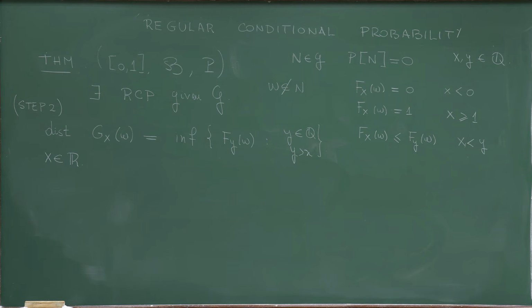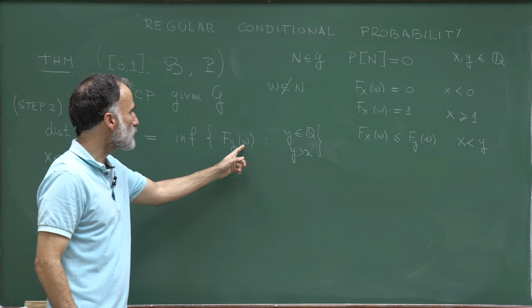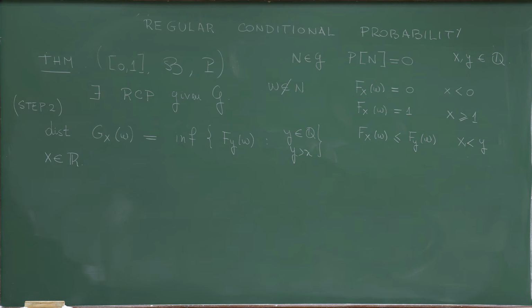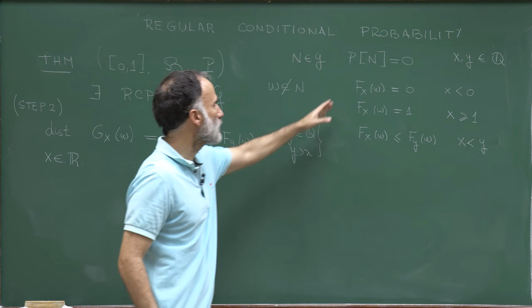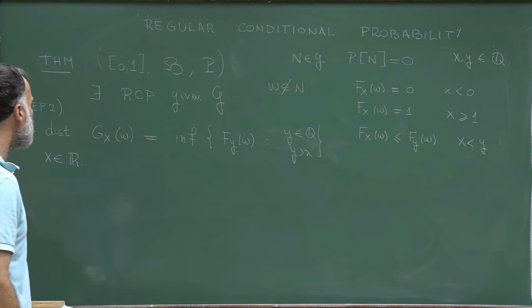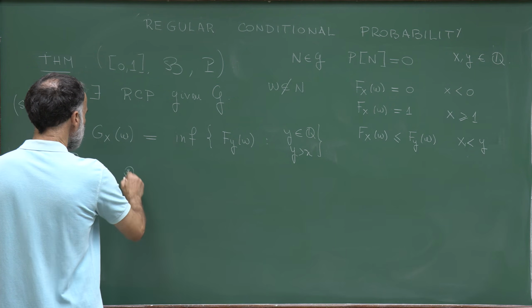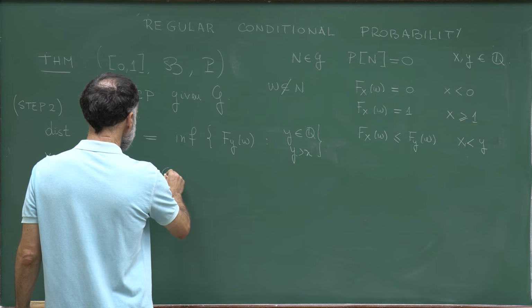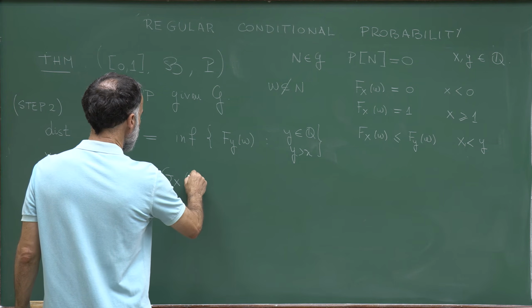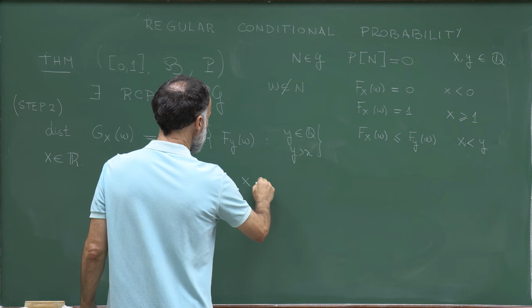So define gx in this way. We can drop omega from the notation because omega is fixed. The only thing we need to do is to use these three properties. And what I claim, and I leave it to you to check, is that first, gx of omega is equal to 0 if x is less than 0.